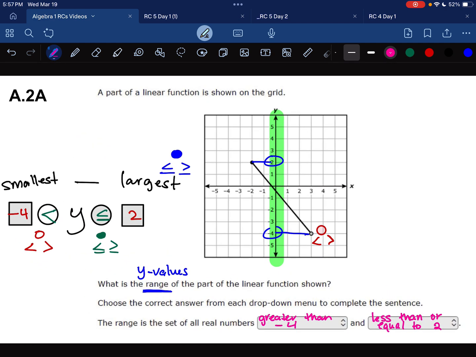Okay? Moving right along. Make sure you write this down.